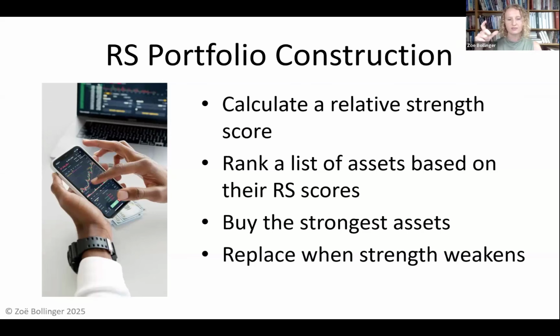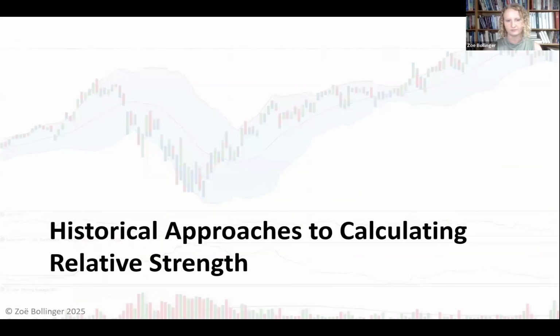You buy the strongest of them. Could be 5, 10, 20, 500, whatever your appetite is for your position sizing. And then as an asset that you're holding starts to lose strength compared to its peers, you'll sell it out of your portfolio and replace it with something else that has gained strength and is now in the leadership.